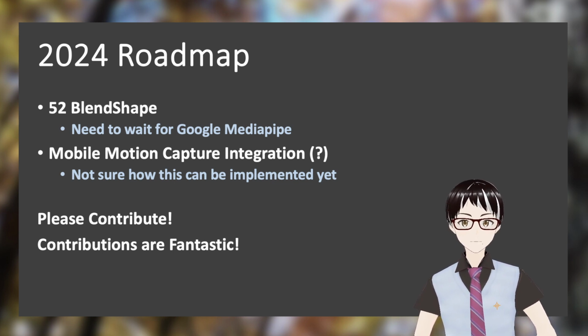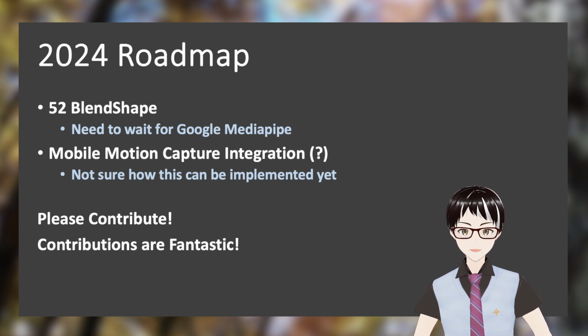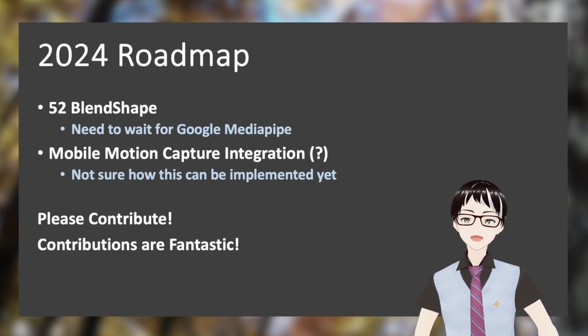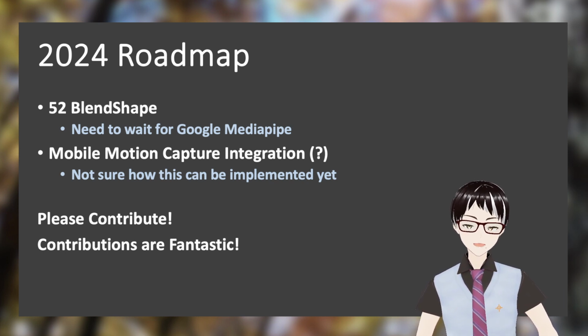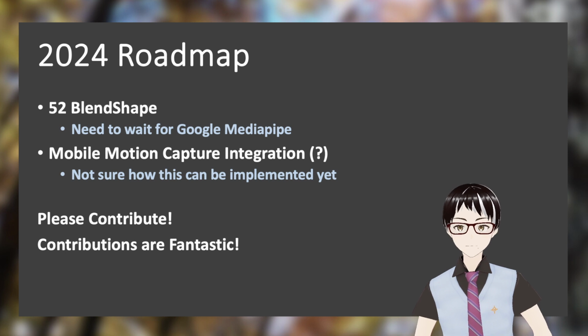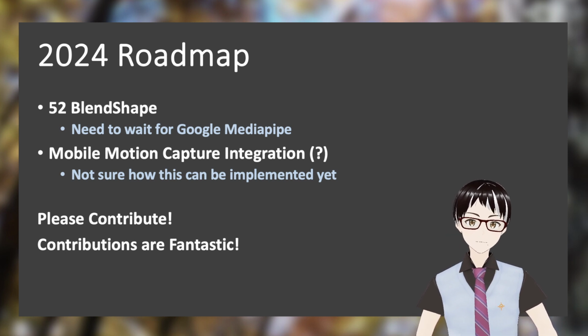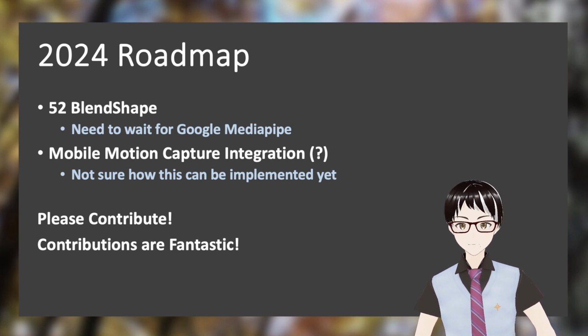If they don't update it, we will not be able to complete this. We're still waiting for Google MediaPipe for the 52 blend shapes, but I promise that I'm following up on that every month or so. If they actually make the update, we will commit our time to integrate the 52 blend shapes into OpenLive3D.